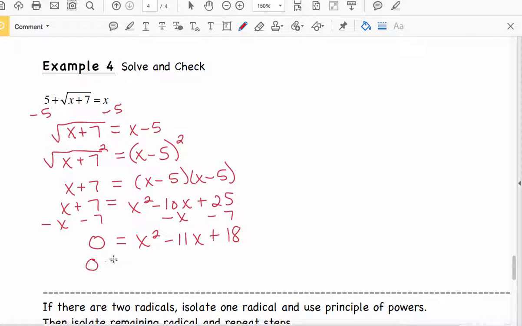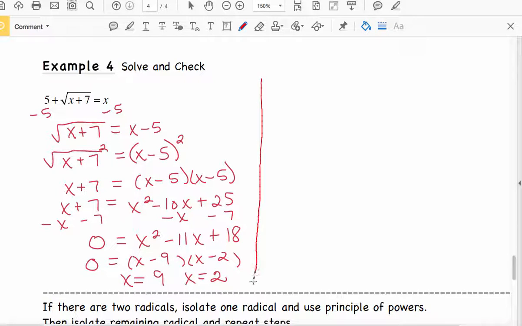And then we are going to find factors of 18 that add to negative 11. Negative 9 times negative 2 multiply to positive 18, but add to negative 11. And then you get x is equal to 9, and x is equal to 2.